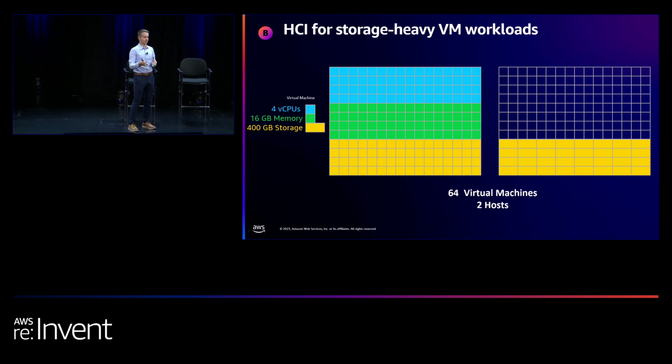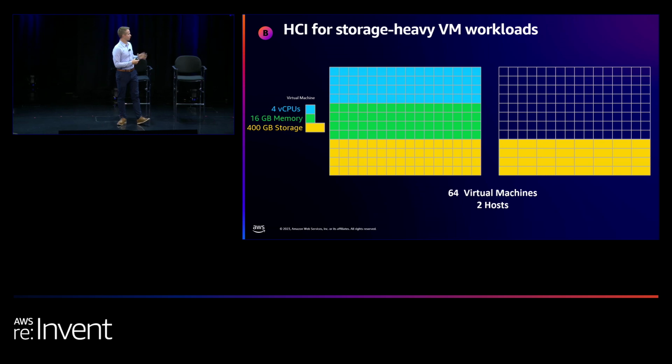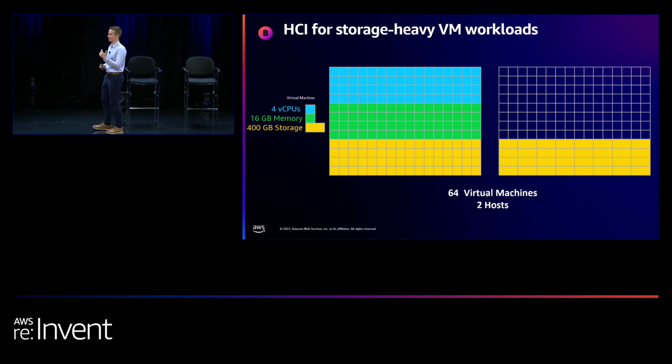But for any excess storage, for customers who had storage-heavy VMware environments, rather than provision entirely additional VMware compute nodes just for storage, customers could instead create an FSx system and use that storage system to host any excess storage that would have otherwise required them to over-provision on compute or memory.